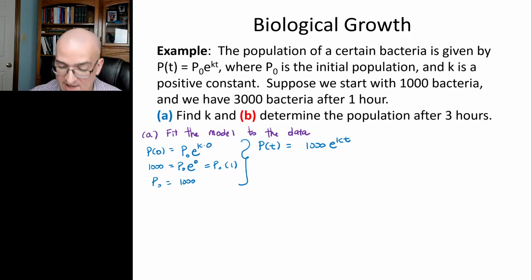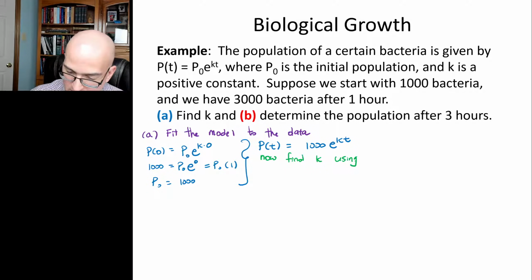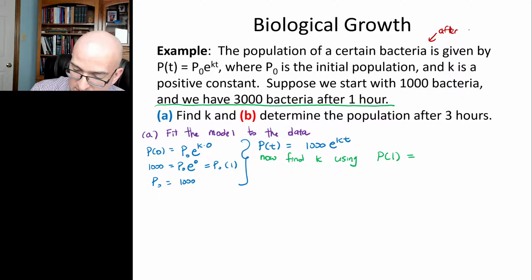Now we have to find k, as part A suggests. Using the fact that we have 3,000 bacteria after 1 hour, using P of 1. The question really should have said after t hours, where t is measured in hours, not minutes.